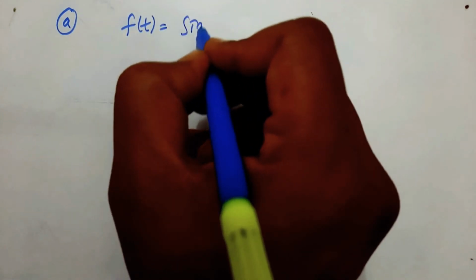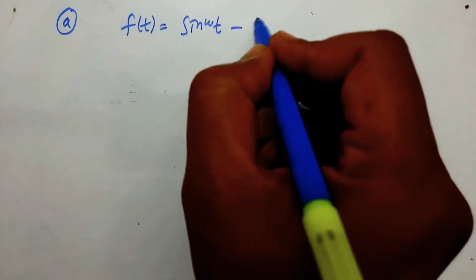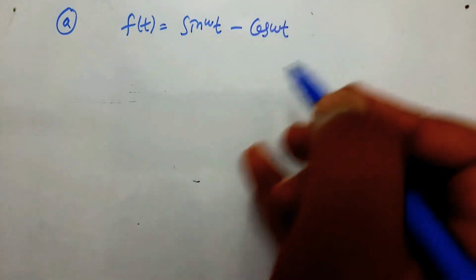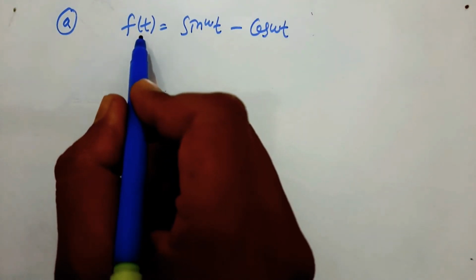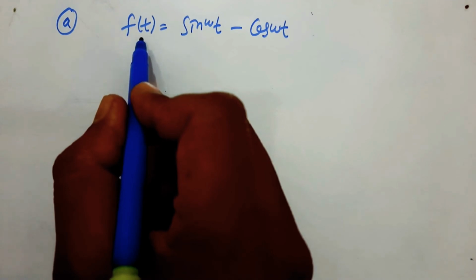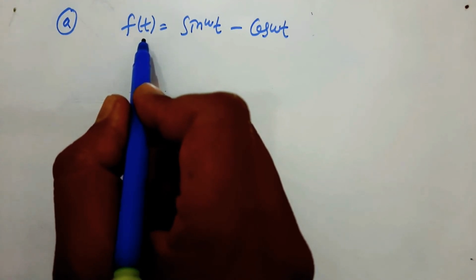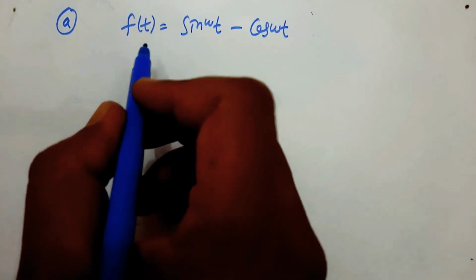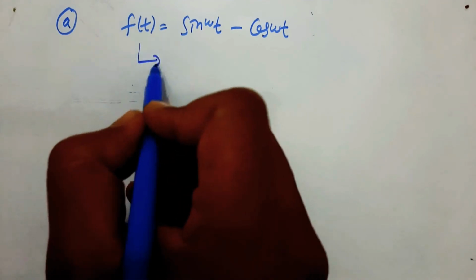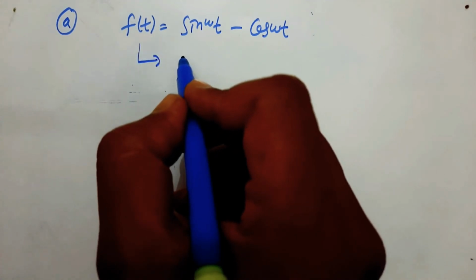See A, here f of t is equal to sin omega t minus cos omega t. When we say the function f of t represents simple harmonic motion, the function f of t must be a sinusoidal function of time.